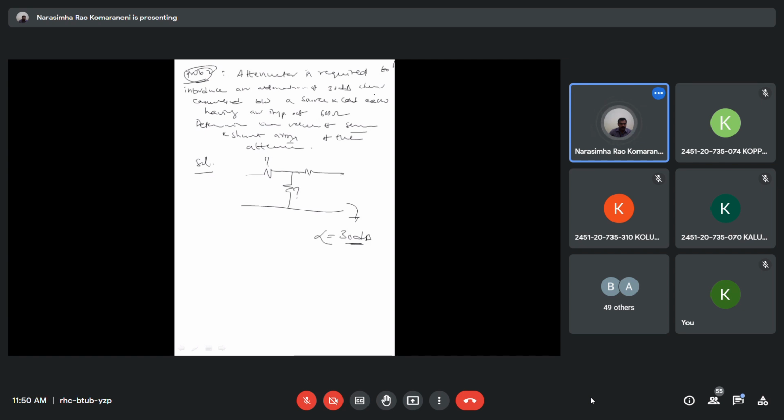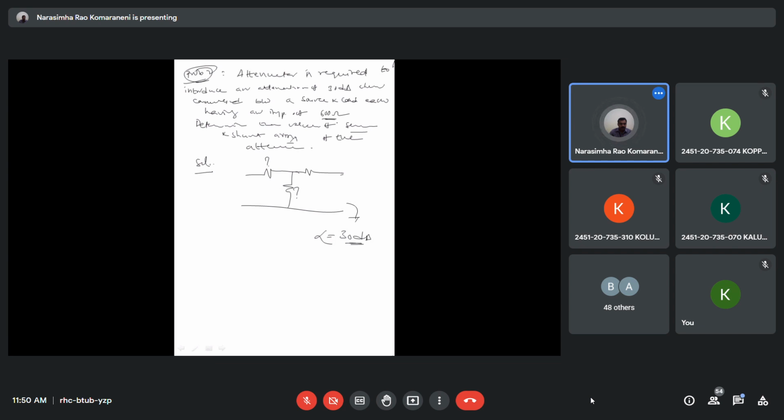And it is connected between the source and load, having an impedance of 600 ohms.